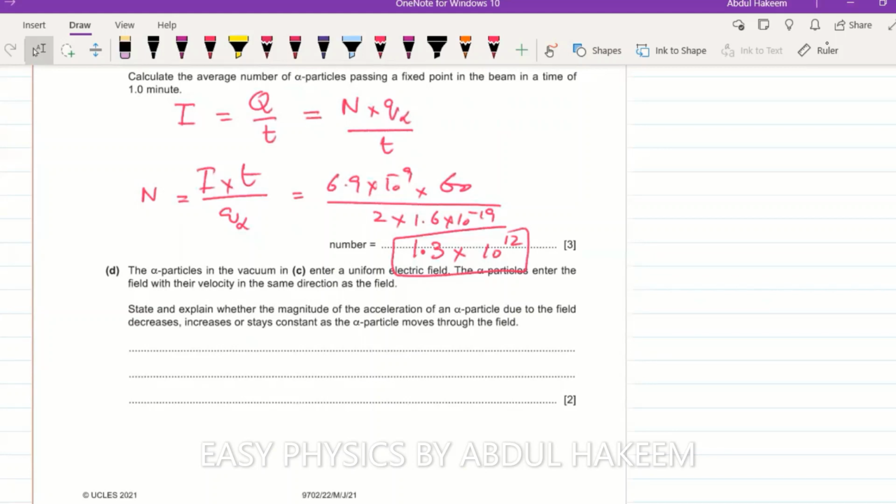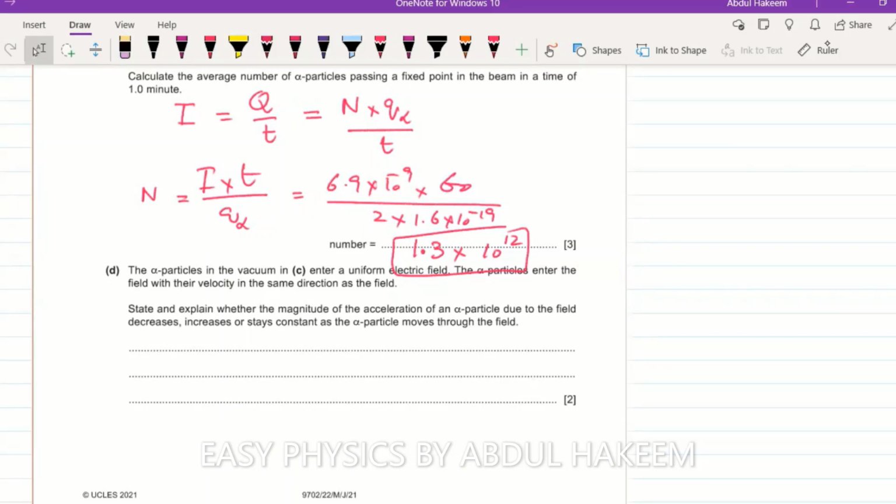Look, nucleus charge is constant. Number of protons remains same because alpha is carrying 2 protons, 2 neutrons. So the charge is due to the number of the protons. So the number of the protons remains same.